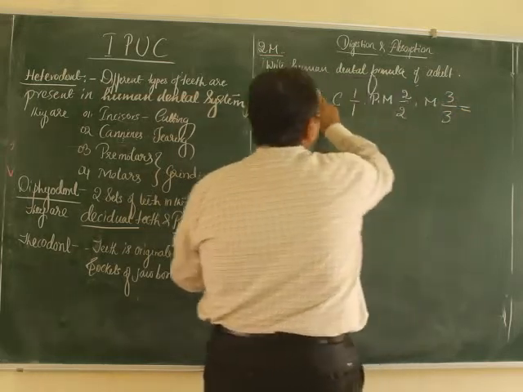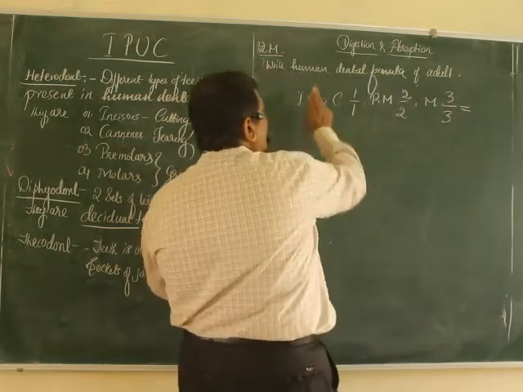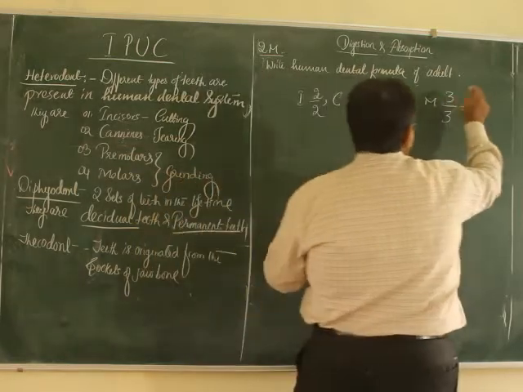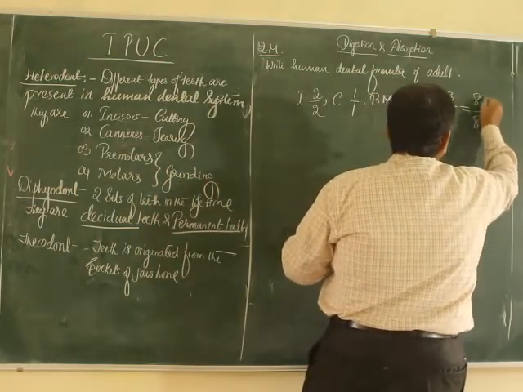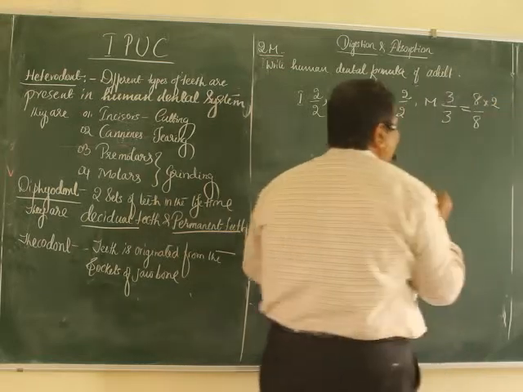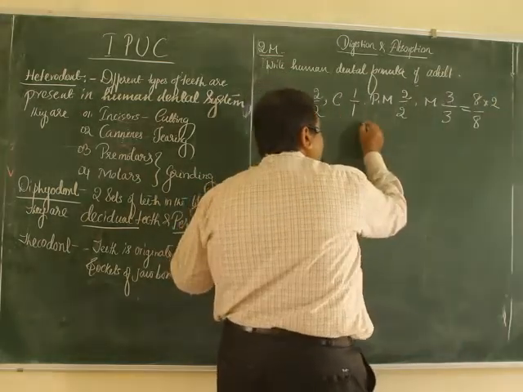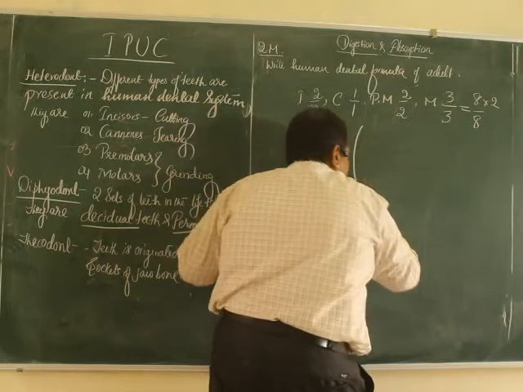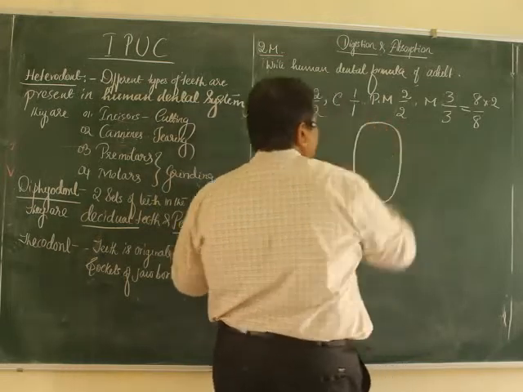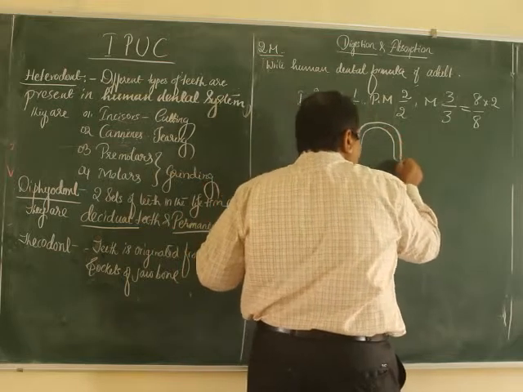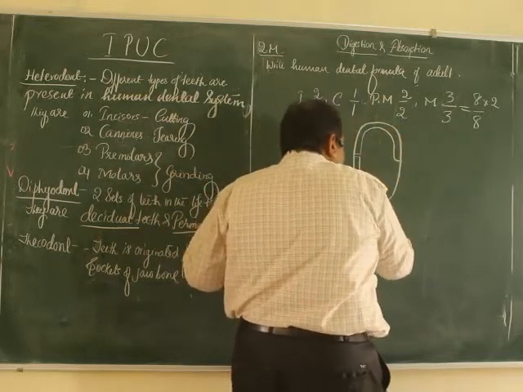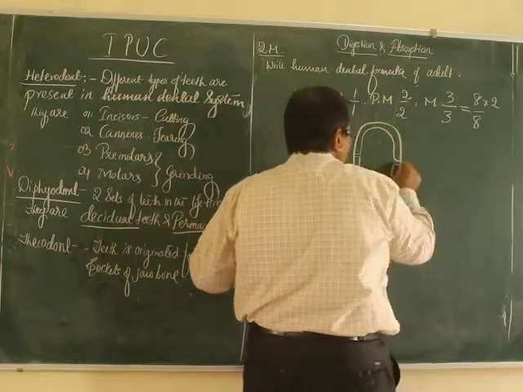So in one side of the upper jaw, 2, 3, 5, 8. 8 by 8 into 2. If you can't understand this, I will write and show. This is the mouth. Here the teeth of the upper jaw, here the teeth of the lower jaw.